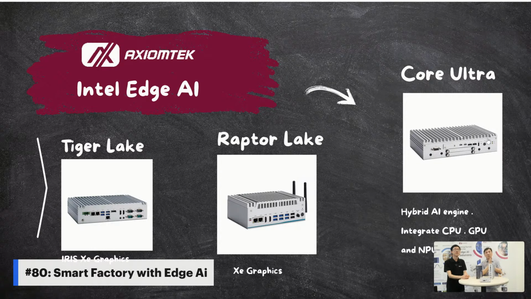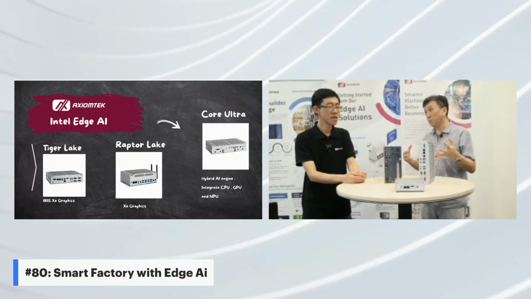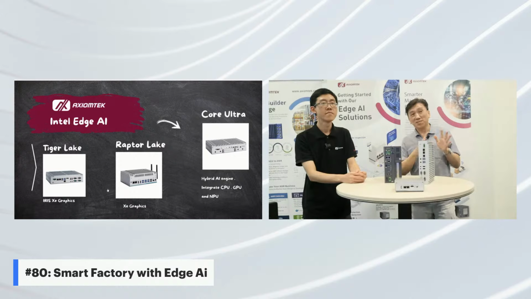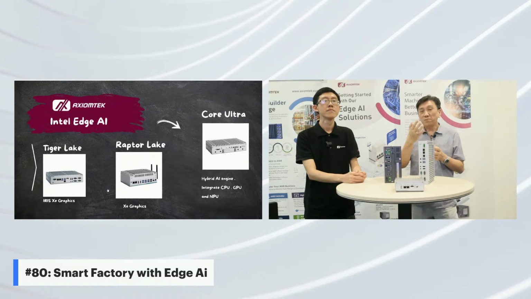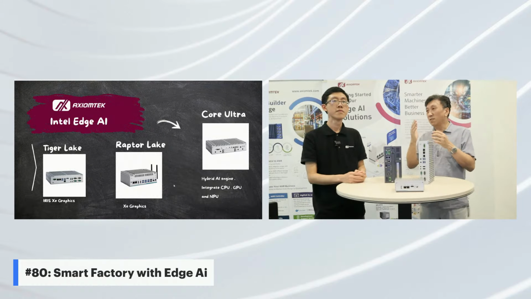Starting from Tiger Lake, which is around 11th gen, that is the field where I think OpenVINO has been very efficient in handling things. Our experience tells us that from Tiger Lake, about 11th gen and above. And then you come to Raptor Lake, which is more of the 13th and 14th gen.